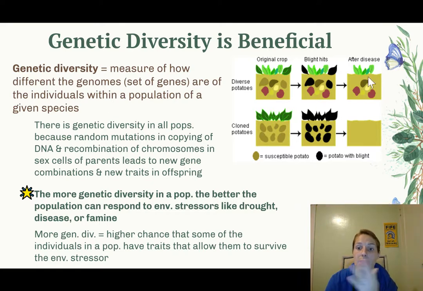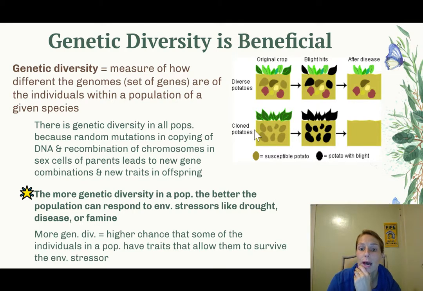So blight comes and it's going to take out that one species. However, we've still got like 4 other species here. So after the disease, we might have lost one, but we still are going to have greater diversity just because of the slight genetic variance in the individuals in this population of potatoes.